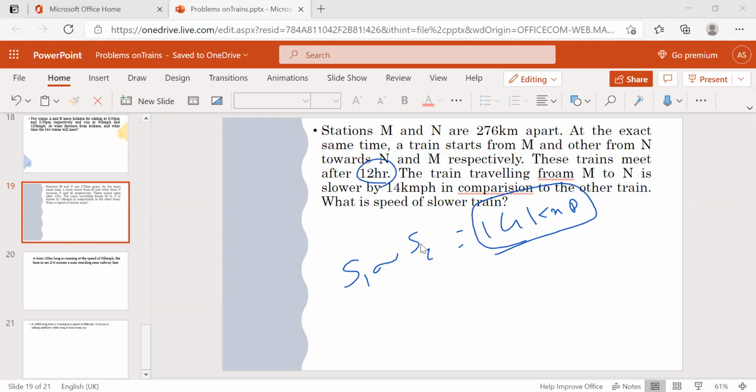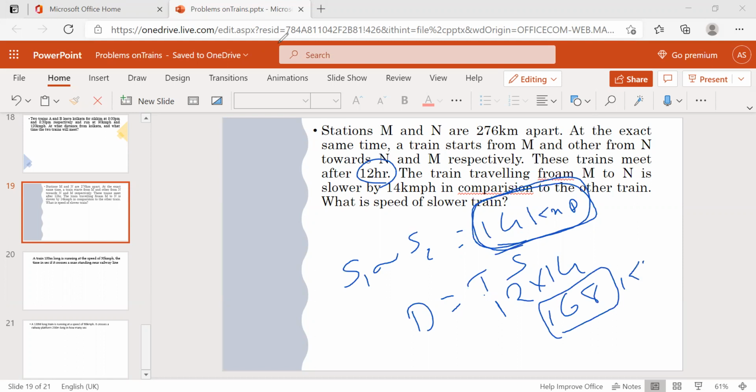So distance is time into speed, 12 into 14, which is 140 plus 28, 168. So the faster train traveled 168 kilometers more compared to the other train.